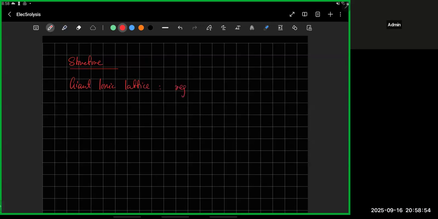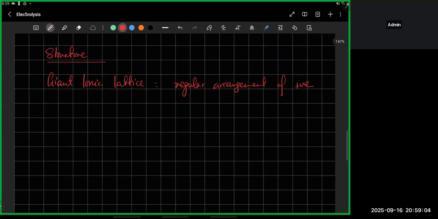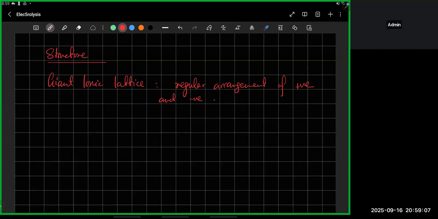It's a regular arrangement of positive and negative ions, attracted by strong electrostatic attraction, by strong ionic bonds. And you should know how to draw the giant ionic lattice.